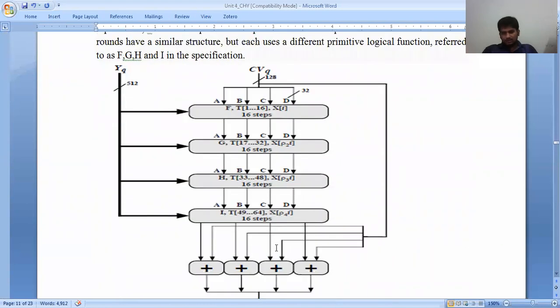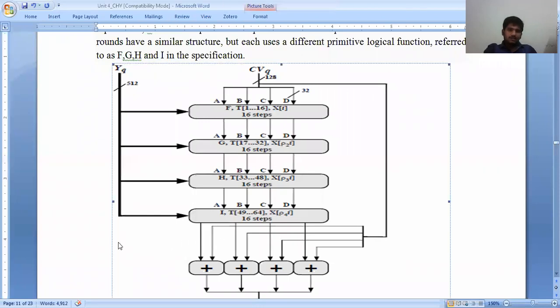I think you remember the DES and AES algorithms, where we perform a number of rounds on keys. Whenever the number of rounds increases, the key becomes very strong. So the number of rounds we perform on that particular key makes it very strong.